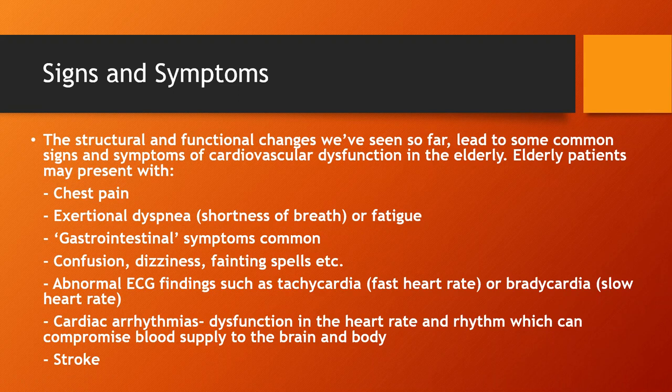We also see gastrointestinal symptoms, so sometimes heartburn or chest burn because of the sensation on fibers that are associated in that region with the heart. We may even see cognitive dysfunction. We may see confusion, dizziness, fainting as a part of the baroreceptor dysfunction.